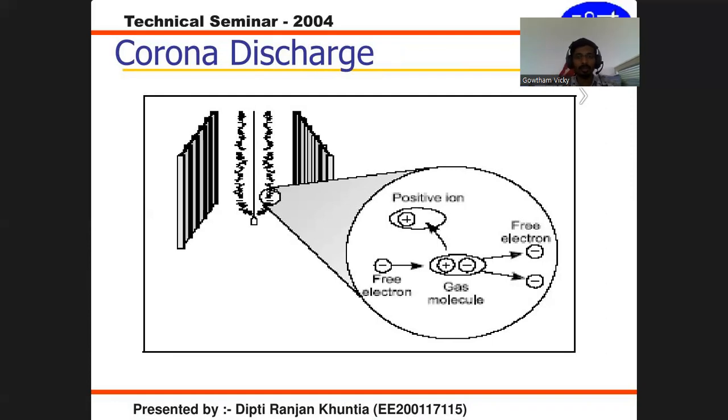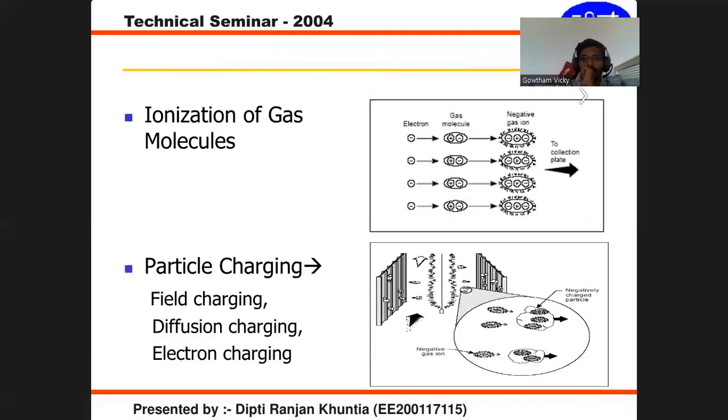The positive side is the positive ions, and the minus side is the free electrons. So plus and minus is nothing but the discharge conditions.